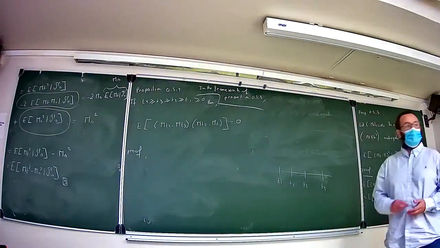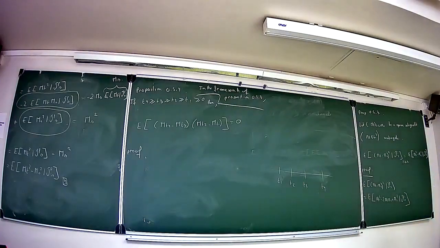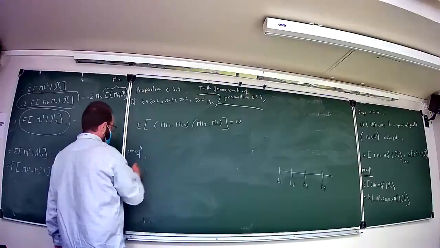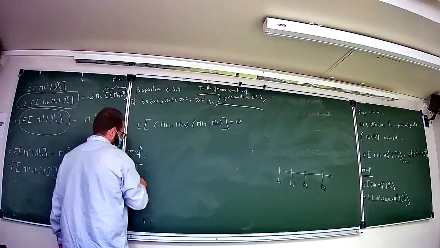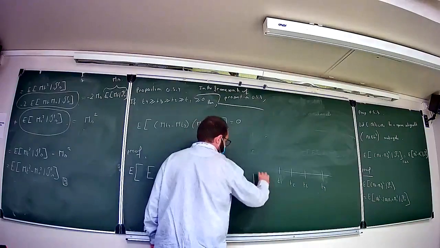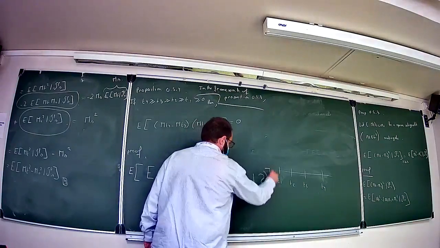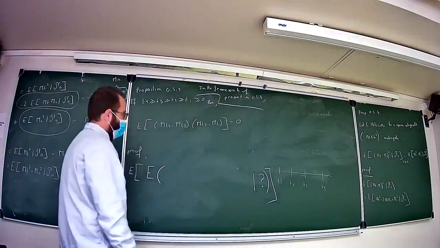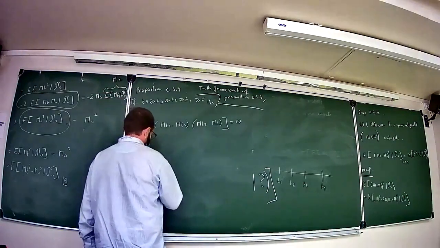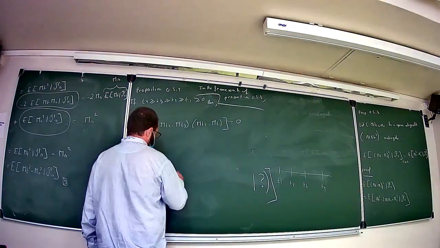I repeat that I want to compute conditional expectation because I have a martingale, and in the definition of a martingale, the conditional expectation is very important. So this expectation, I want to write it as the expectation of a conditional expectation. But for the moment, I don't know the sigma algebra I will use for the conditioning.